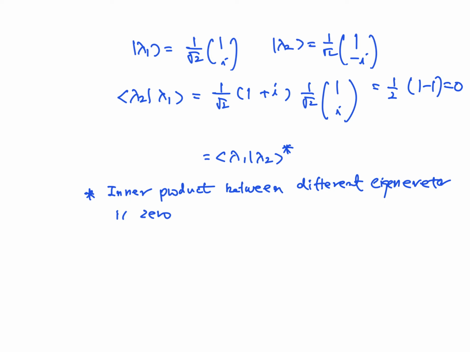Another example is an easy one, so let's do that. Example: A is 1 0, 0 minus 1. This is actually sigma z. This is very easy.